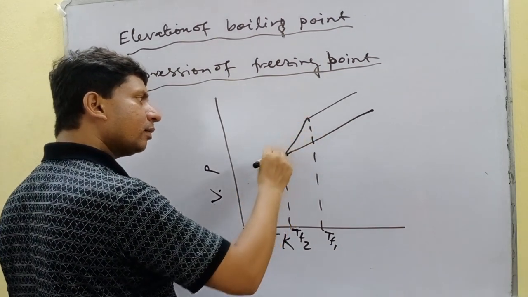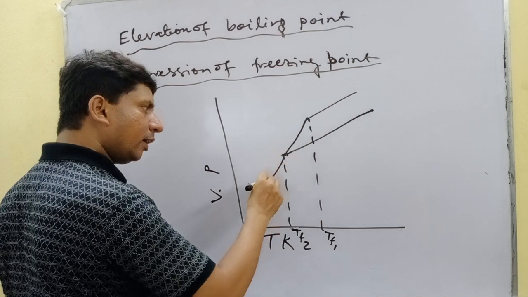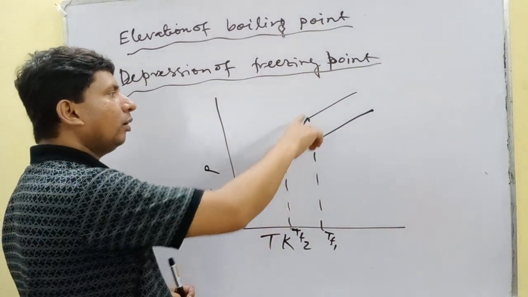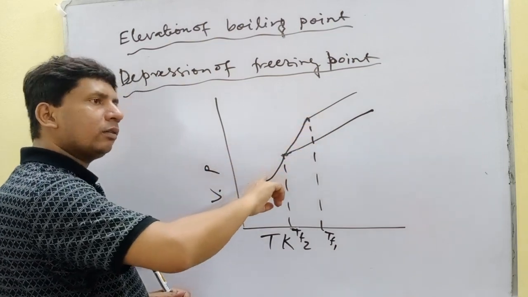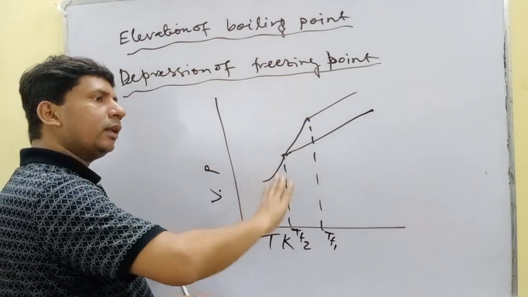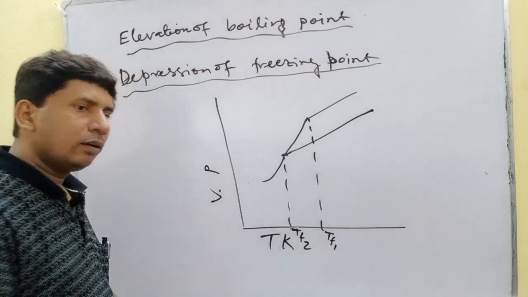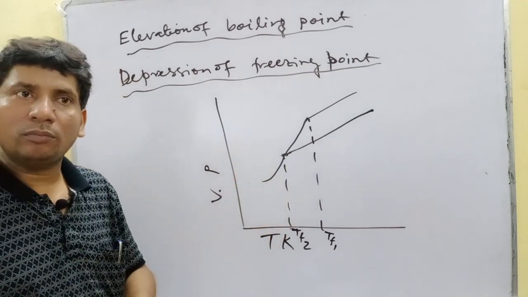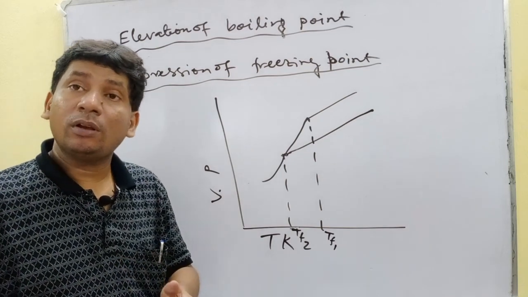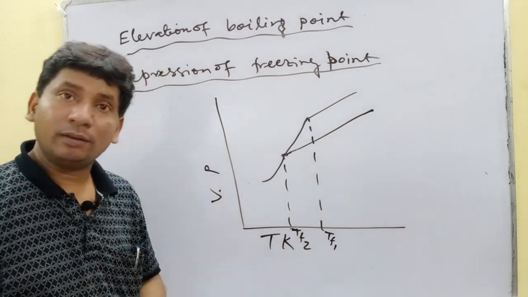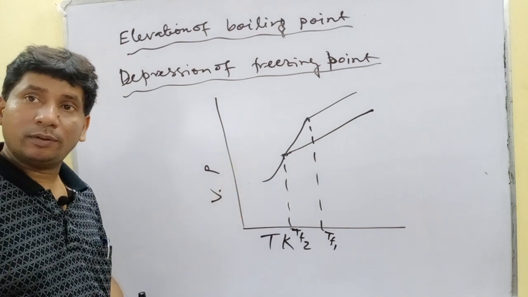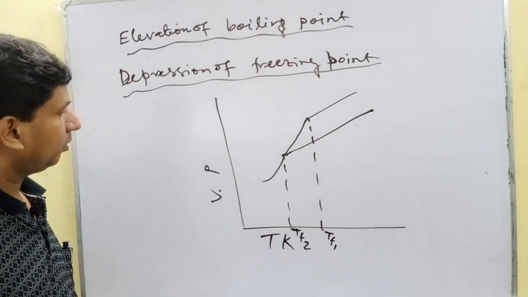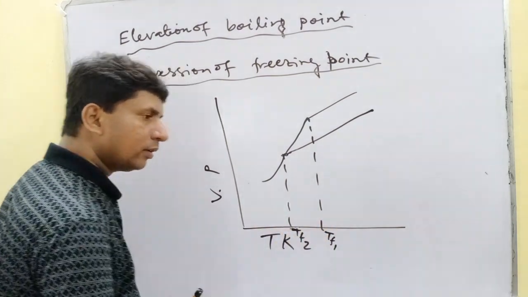This is a decrease. Okay, this is again a decrease. Since vapor pressure decreases, we need to decrease the temperature to get equilibrium vapor pressure of solid and liquid. Yes, solid and liquid. Then we need to decrease the temperature, and this is the difference.